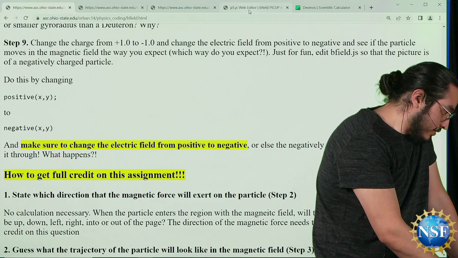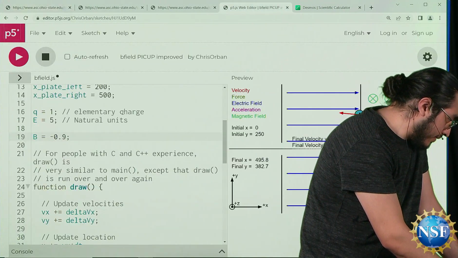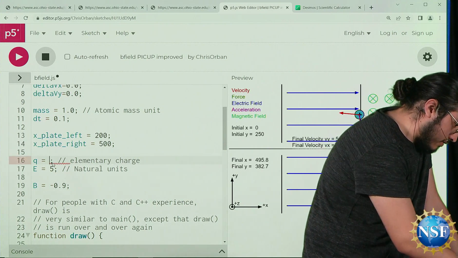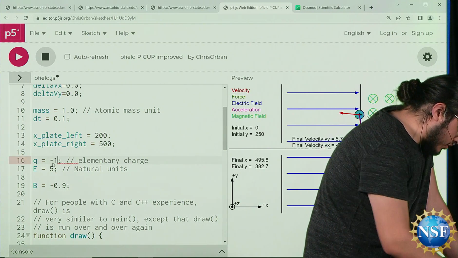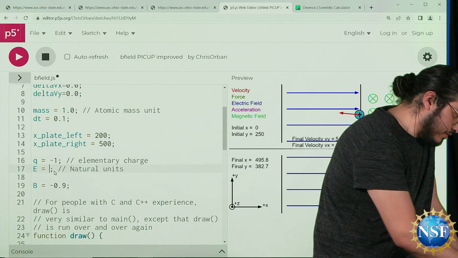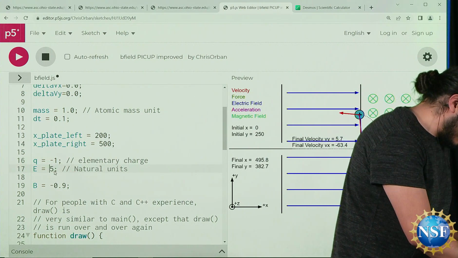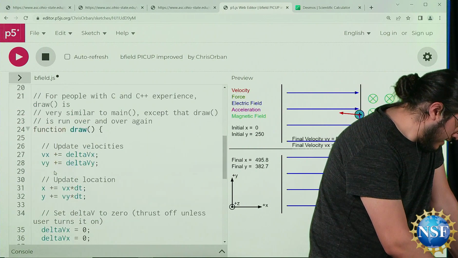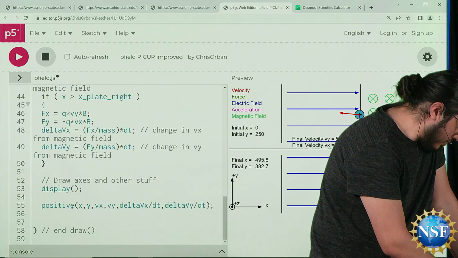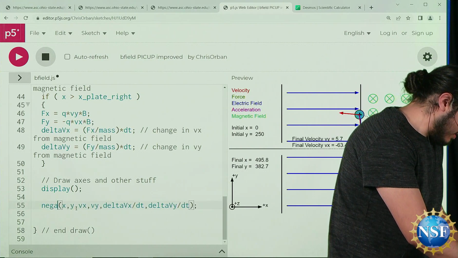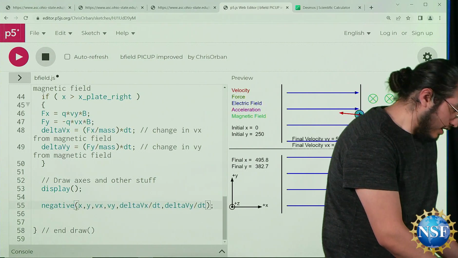Here I'll go back into our program, and here is our charge. Let's make that -1, and where the electric field was 5, let's make it negative. Then you scroll down and make sure this is negative.